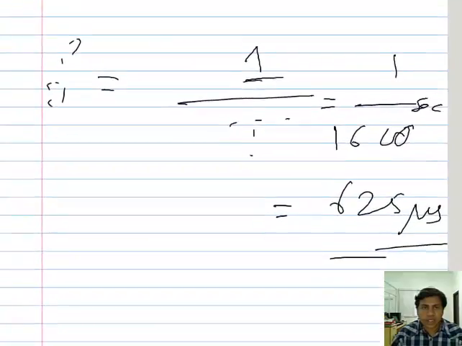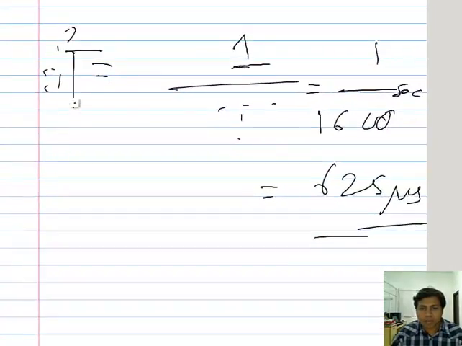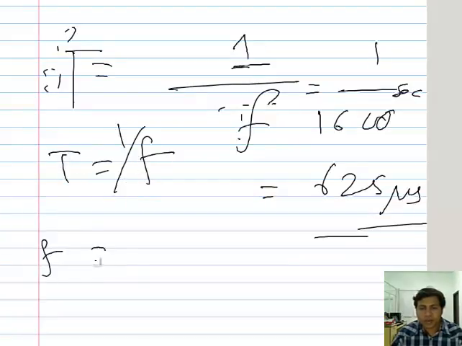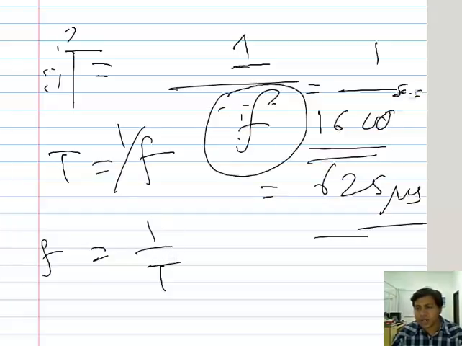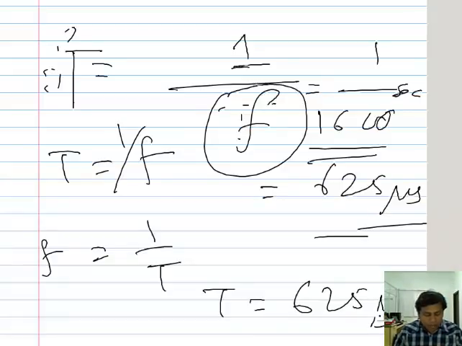In this case, we are actually calculating the time period, t equal to 1 by f, or f equal to 1 by t. We know the frequency, that is 1600 times per second. If you calculate the time period, we got 625 microseconds. So this is the time period of this particular frequency.